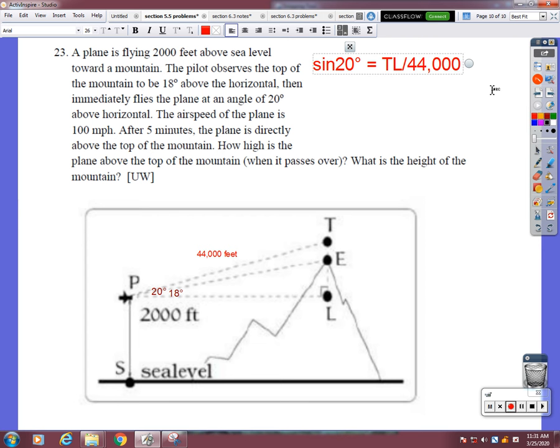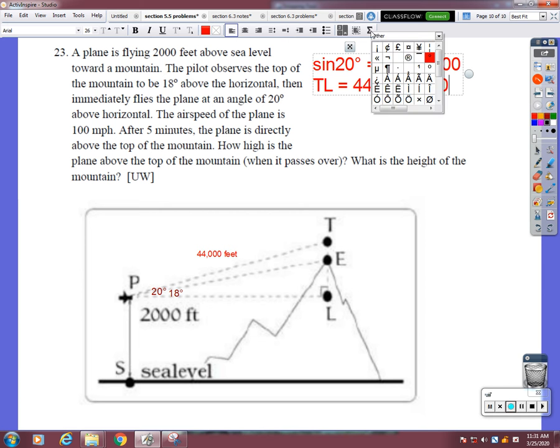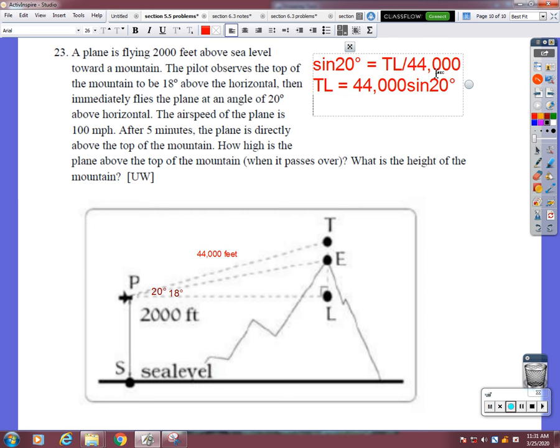Is he going to multiply by 44,000 or is he going to divide? Well, to figure out the distance TL, I need to multiply by 44,000 because the 44,000 was on the bottom of the fraction. So I have to multiply both sides by 44,000 to get rid of it.